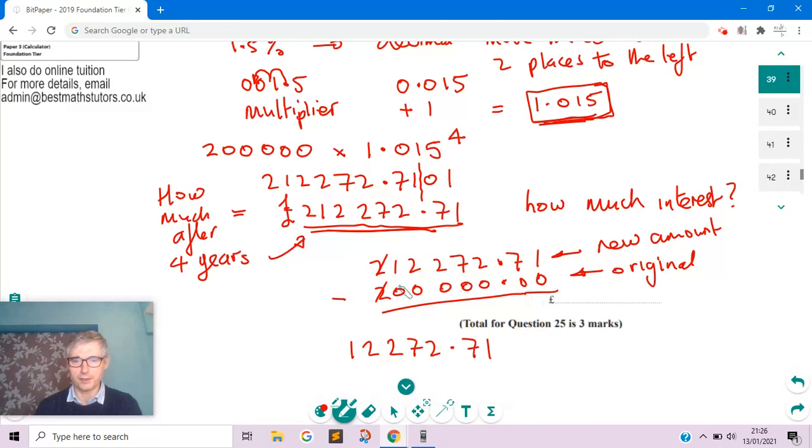Everything else would be as it was after the first digit. So that's how much money we've earned in interest: £12,272.71. Here's the interest earned. And that was what we were asked to find, so that's it.